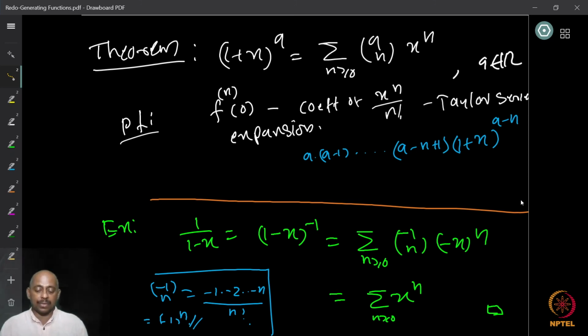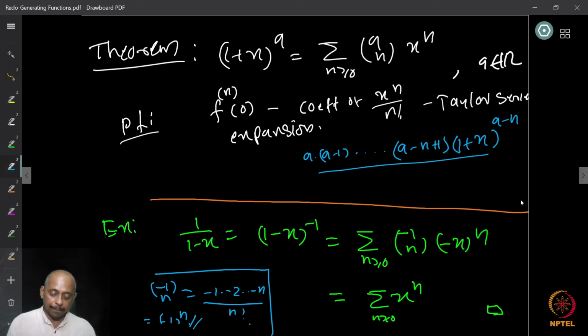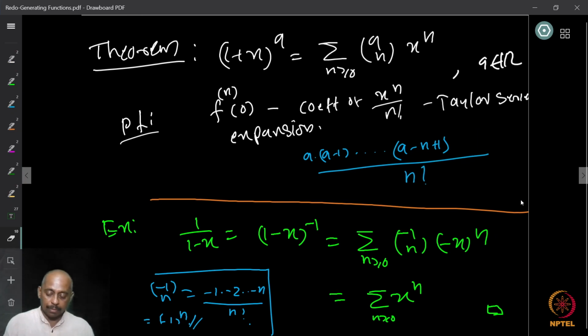Because it is the coefficient of x raised to n by n factorial, what is the coefficient of x raised to n? That is going to be this divided by n factorial, right? Now, what is this? a minus 1, etc., a minus n plus 1. When I say this, it is only the terms up to here, because when I substitute x equal to 0, the remaining term becomes 0, right?